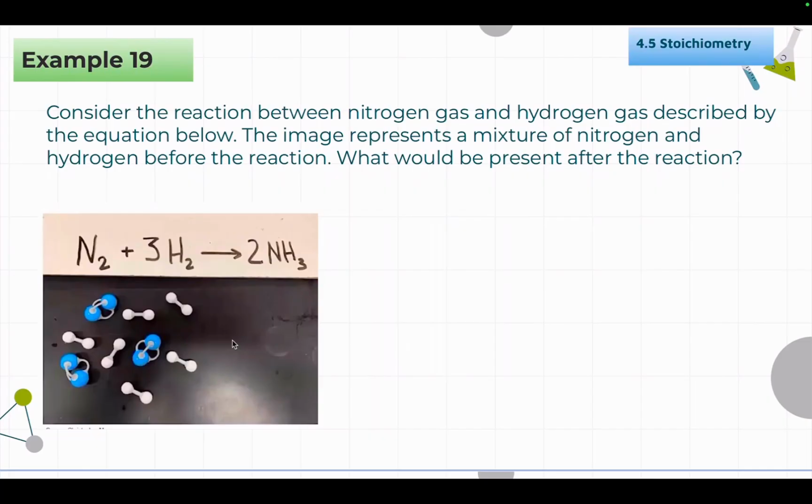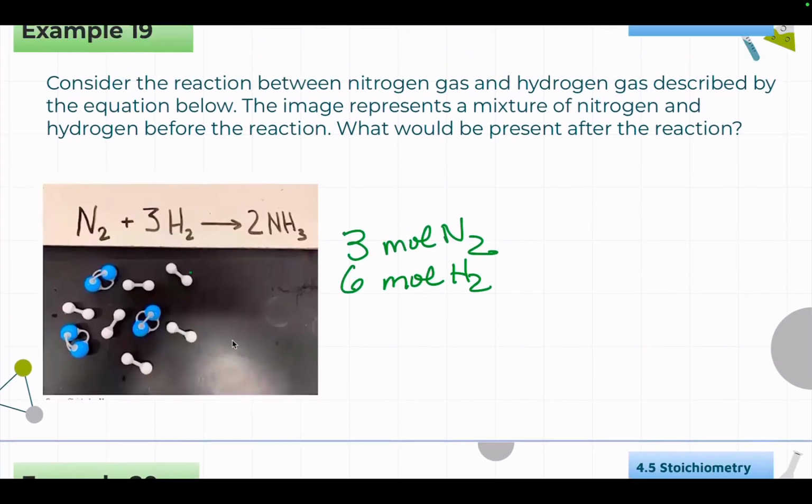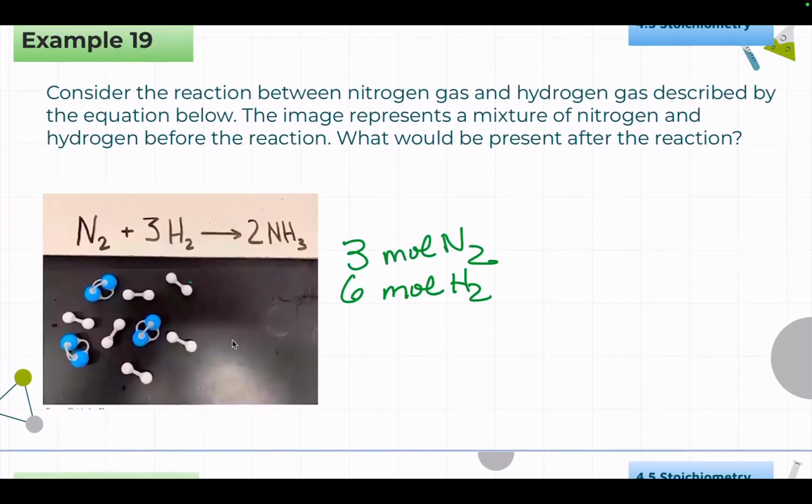So you can see that we have 3 of the blue diatomics, nitrogens, so 3 moles of nitrogen for every 2, 3, 4, 5, 6 moles of hydrogen. So the first thing that you would want to do here is determine the limiting reactant.